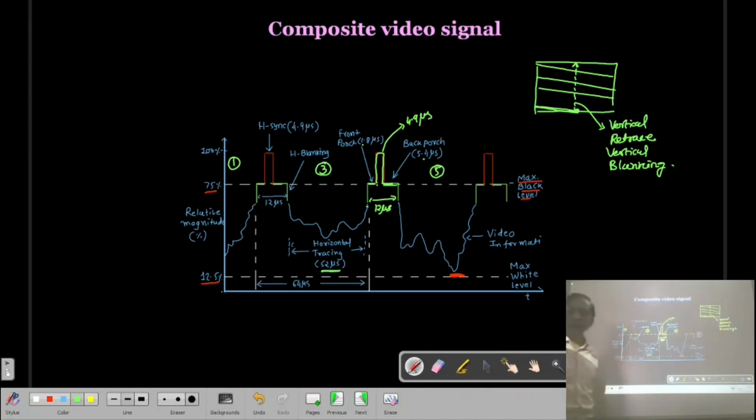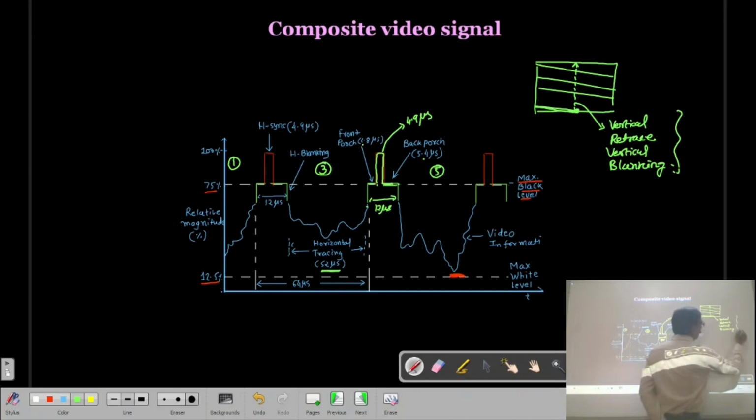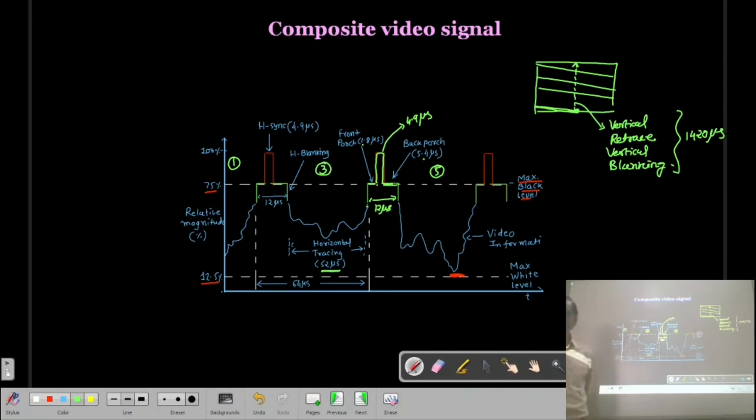It is called vertical blanking. And what is the time duration of this vertical blanking? Here the time duration of the vertical blanking is 1420 microseconds. So now let us see the vertical scanning.